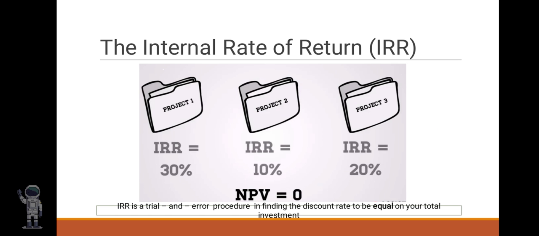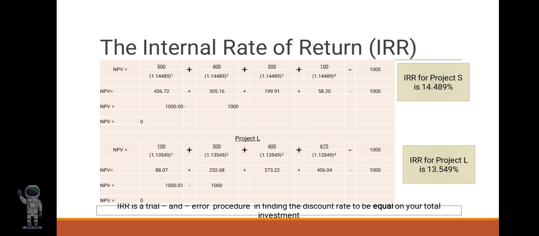For example, project 1 has an IRR of 30%, project 2 has an IRR of 10%, and project 3 has an IRR of 20%. The internal rate of return is the discount rate that forces a project's NPV to equal 0.